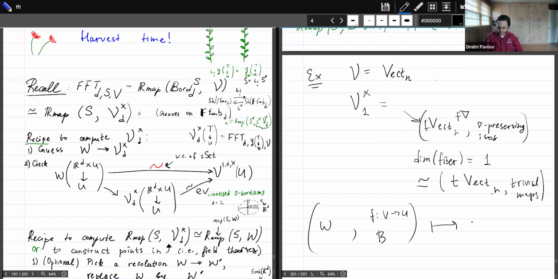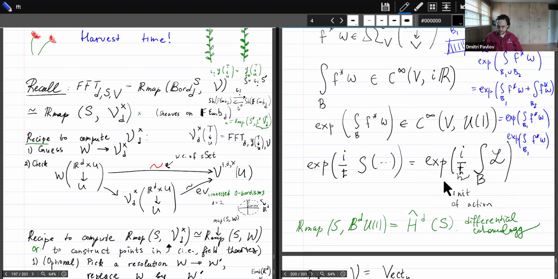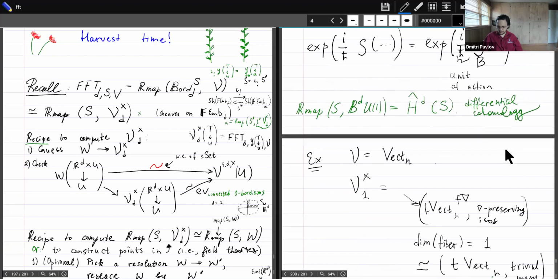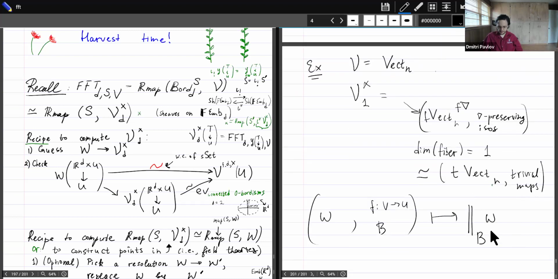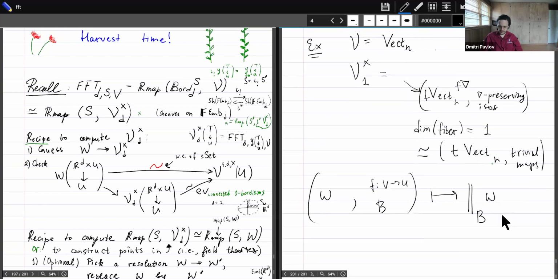See, how can I write this down? Parallel transport along the bordism B of what? Of the vector bundle with connection given by the form omega. So this will be a linear map between fibers. That's what your action functional is. There's of course also a similar example for principal G-bundles. I mean, it's all the same.